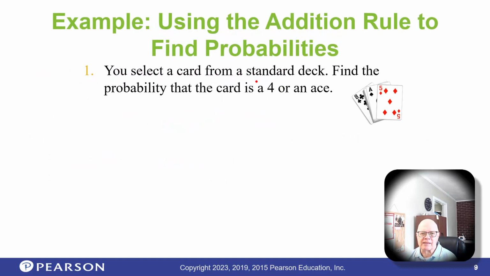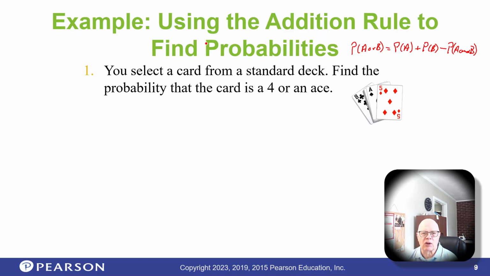Well, let's try this. Remember, here's our formula. A or B. And so first of all, it's the addition rule, so you're going to be adding them. But in case these events overlap, then we're going to take away the events that you counted twice.